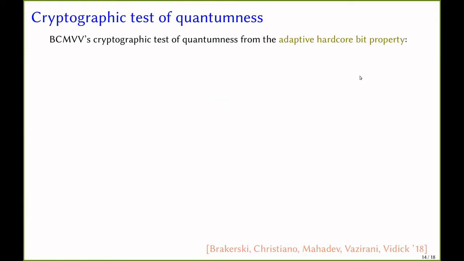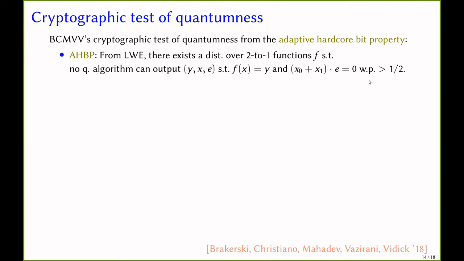To get such a protocol, we rely on the cryptographic test of quantumness by Brakerski, Christiano, Mahadev, Vazirani, and Vidick. They show that under a hardness assumption called the adaptive hardcore bit property, they give a cryptographic test of quantumness. So what does the property say?